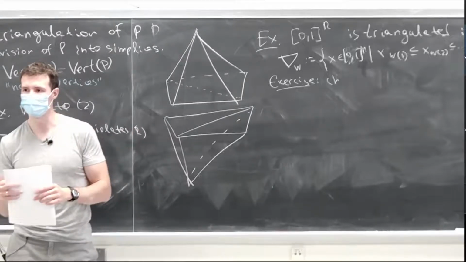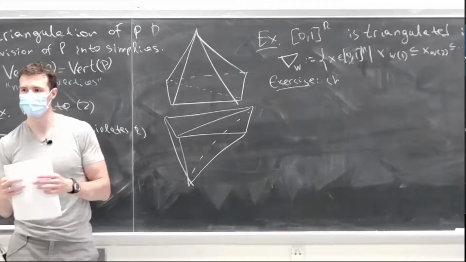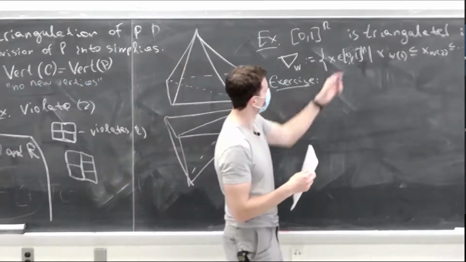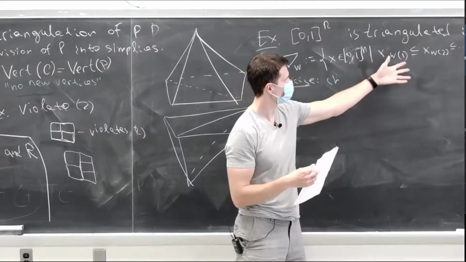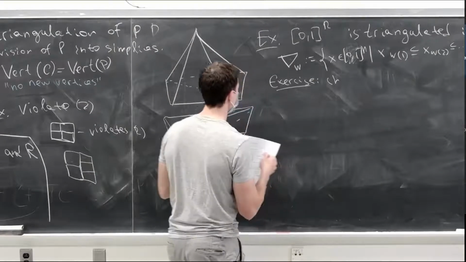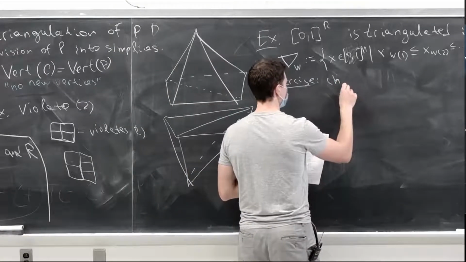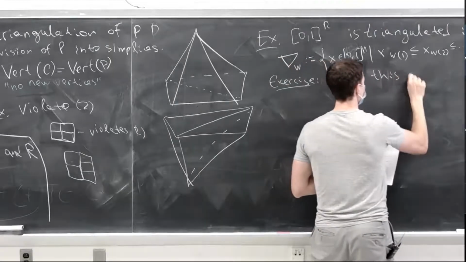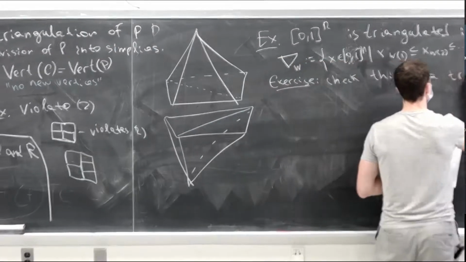It's going to be a face of each of those simplices. Then you have to check that you never get overlapping interiors of two simplices. So officially this is an exercise: check that this is a triangulation.